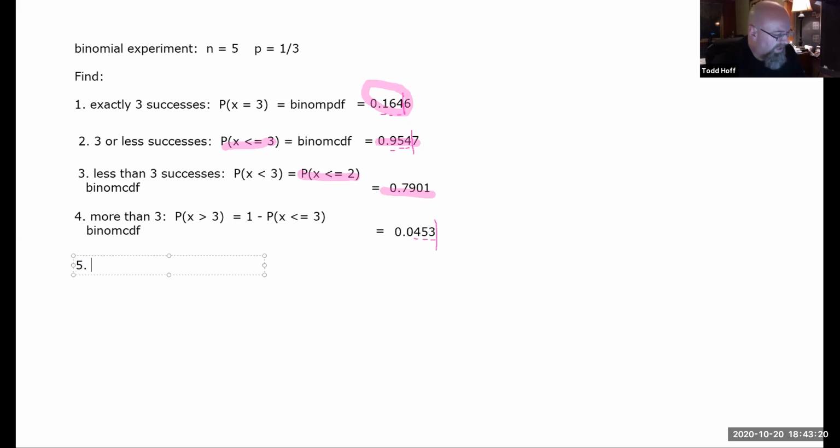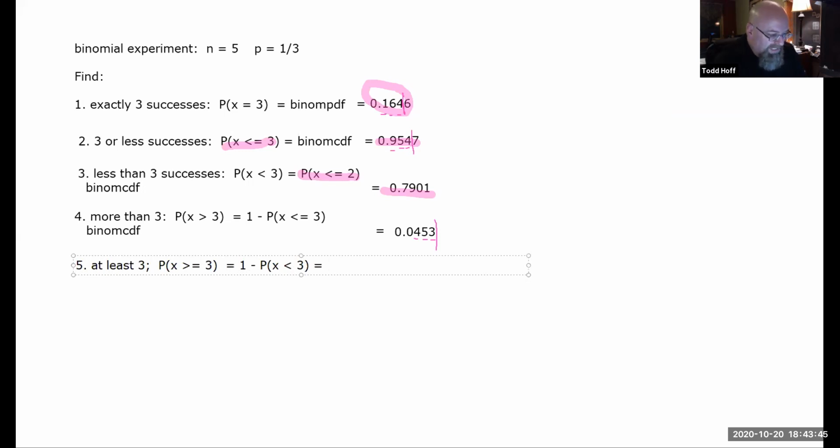Finally, what's the probability that there are at least 3 successes? So this is the probability x is greater than or equal to 3. Well, the complement of that is 1 minus the probability x is strictly less than 3. The 3 was included in the greater than or equal to, so it can't be included in the less than.